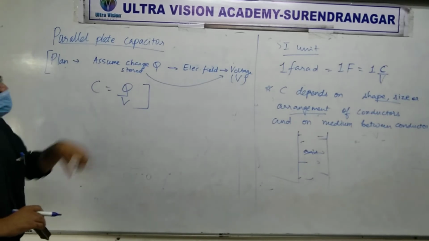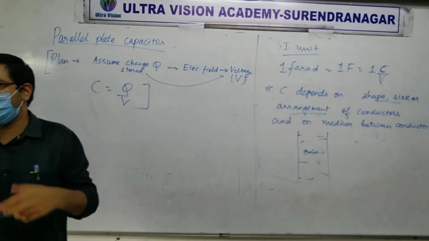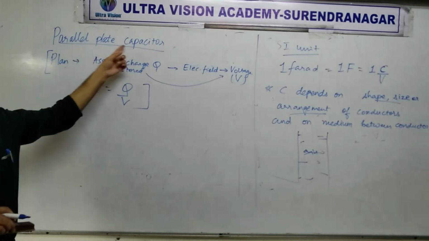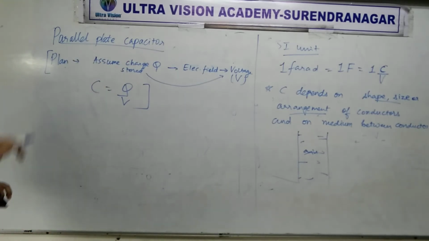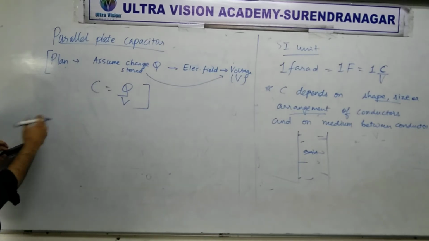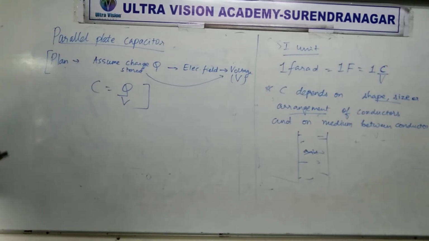And in this process you will see that Q is proportional to V. Right? Let's begin. For which shape? Parallel plate capacitor. How you draw the plates is not important. Draw it any way, no change happens.